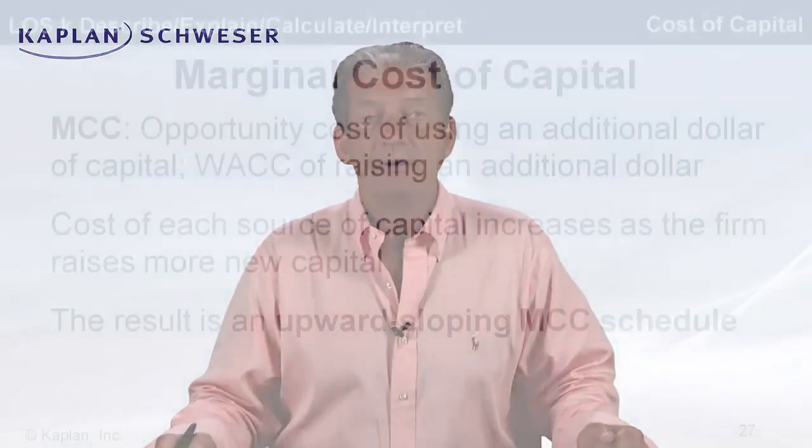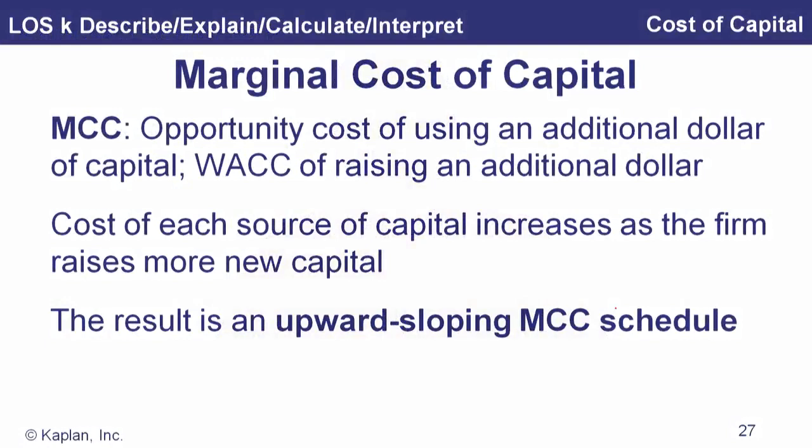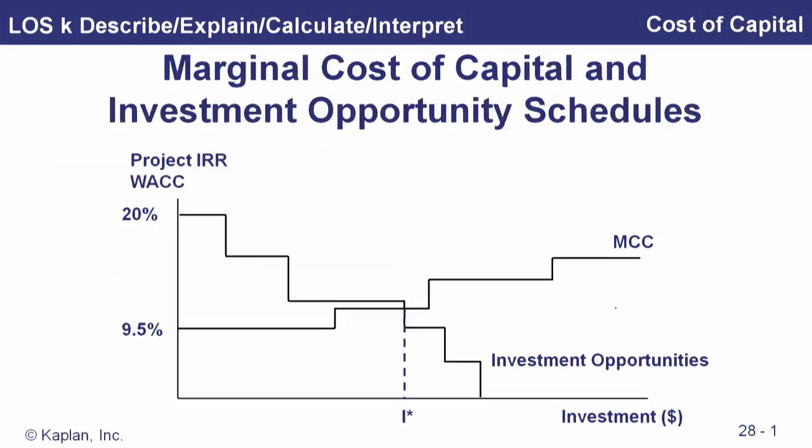And we talked about that being upward sloping because as the capital budget increases and they're issuing more equity or they're issuing more debt, we said these costs can go up. That's how we got an upward sloping marginal cost of capital schedule. Well, we're going to refine that a little bit here.